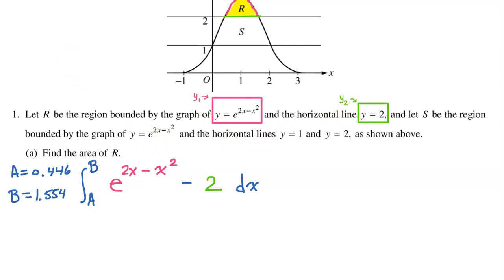So when I type this in my calculator in a moment, I'm going to type in the integral from A to B of y1 minus 2, since that's so simple. This is actually what I'm going to type into my calculator.